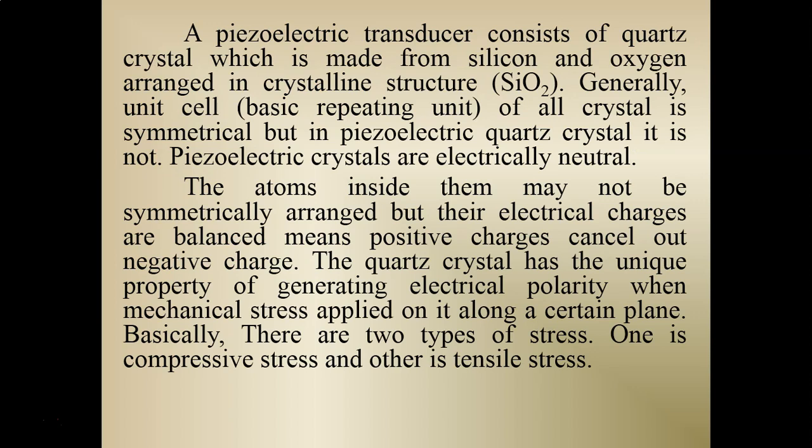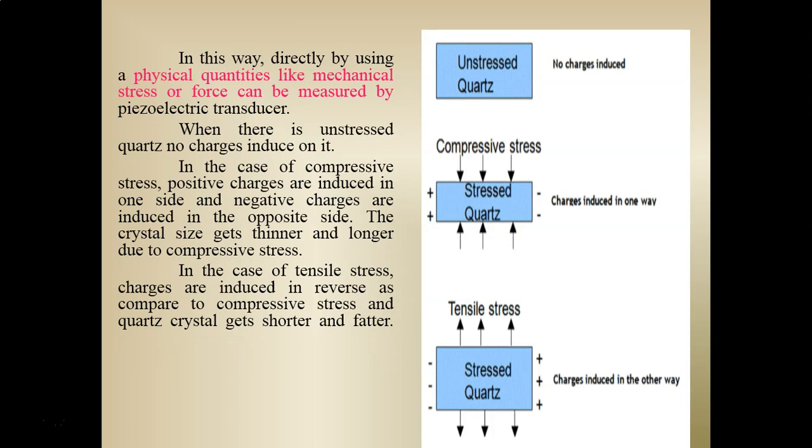It consists of a quartz crystal which is made up of silicon and oxygen arranged in a crystalline structure. There are two kinds of stress here, compressive stress or tensile stress.